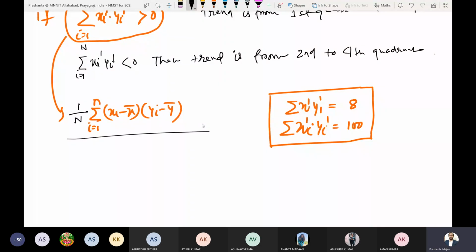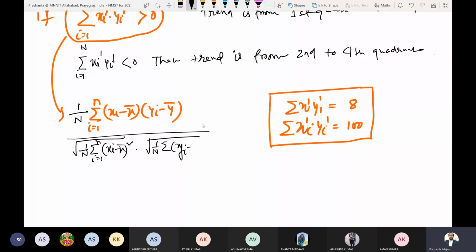What is the standard deviation of x values? It is the square root of 1 by n summation i equals 1 to n of xi minus x bar whole square. The standard deviation of y values will be the square root of 1 by n summation of yi minus y bar whole square.